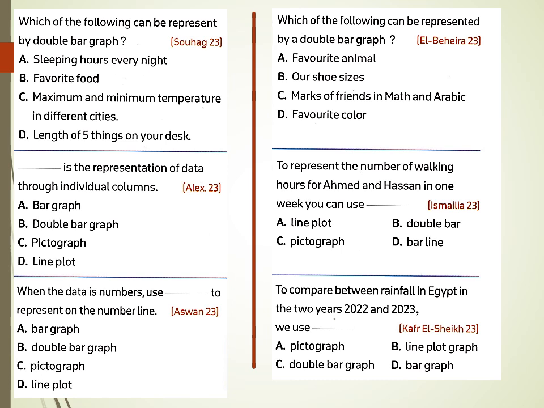To represent the number of working hours for Ahmed and Hassan in one week, you can use a double bar graph. Last one, to compare rainfall in Egypt in the 2 years 2022 and 2023, we use a double bar graph.